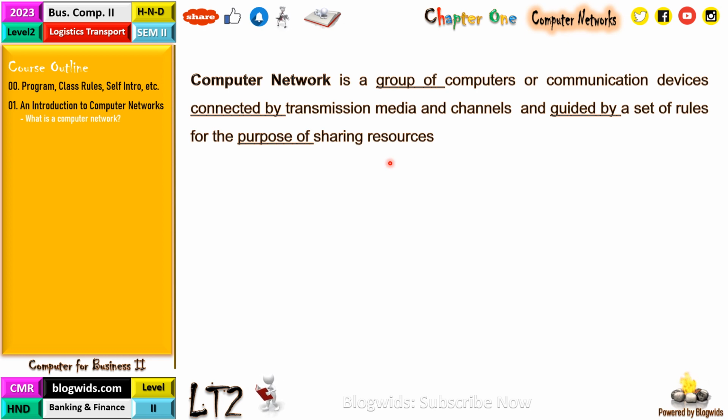So note the key terms. A computer network is a group of computers or communication devices, a point, connected by transmission media and channels, another point, guided by a set of rules, another point, for the purpose of sharing resources. So this is the definition of a computer network.